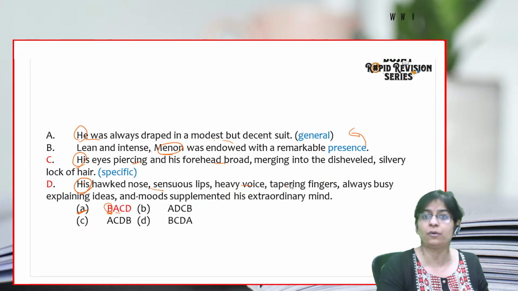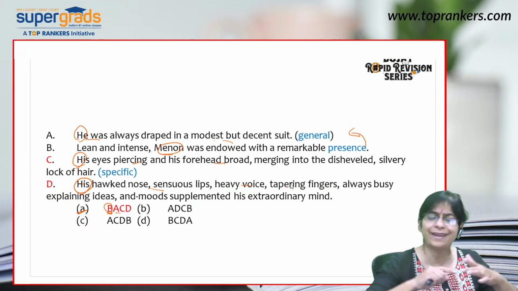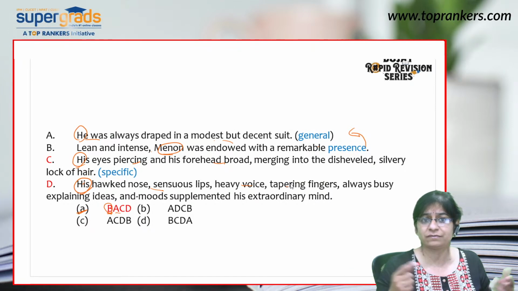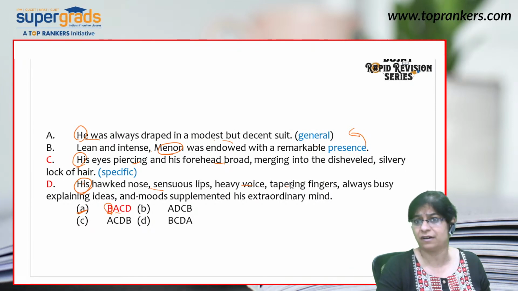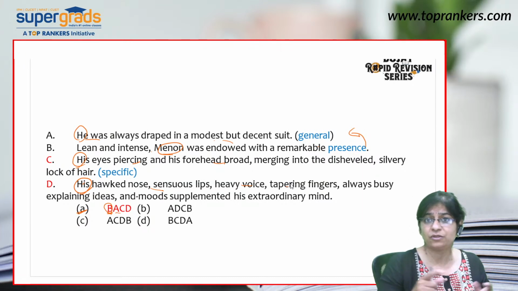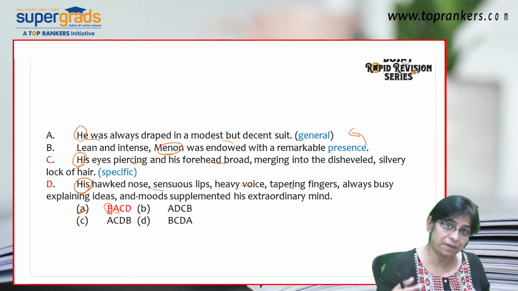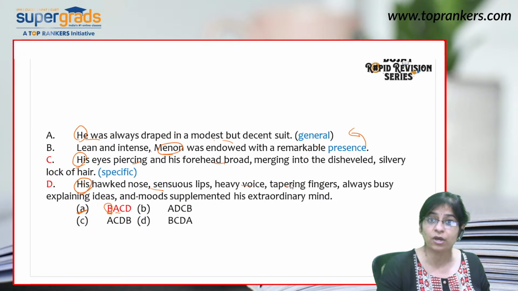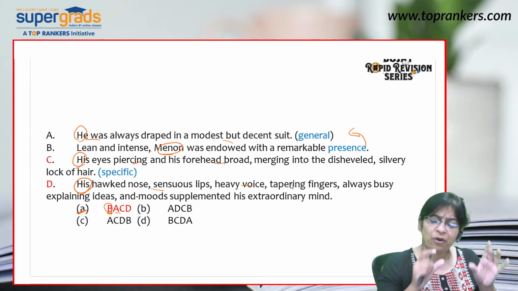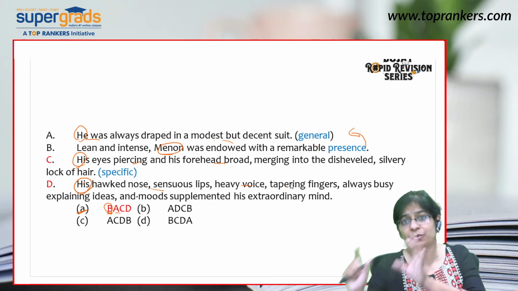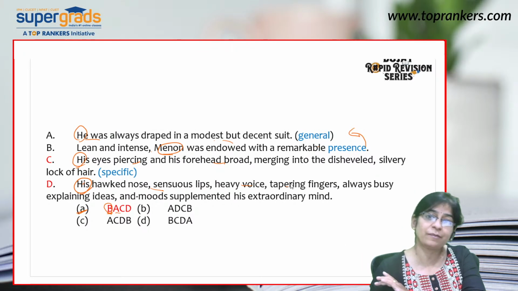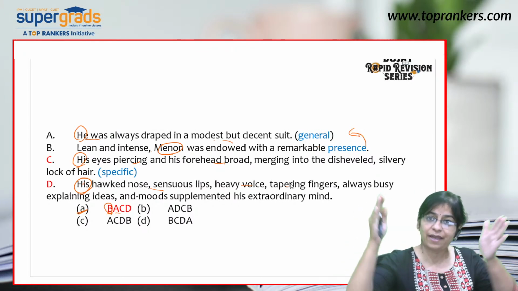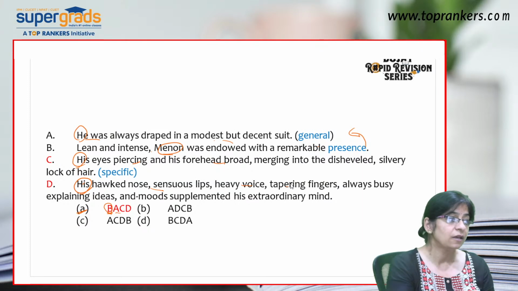If I were to talk about India, I'd first say India is a country where you can find a lot of diversity. Why diversity? Because you have variance in the land features and even the kind of people that have made this place their abode. And then you talk about only this section of the society or that section of the society or some other section. So broad first, and then specifics.